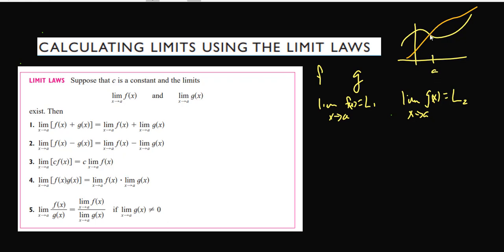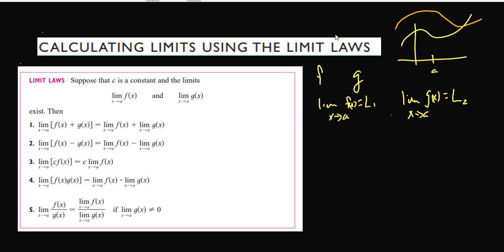Now, I happened to make these intersect there. I didn't mean to do that. Let me try and undo that and say it looks like this. So anyway, the limit at a for f exists, and for g it also exists. We're just assuming that these limits exist.